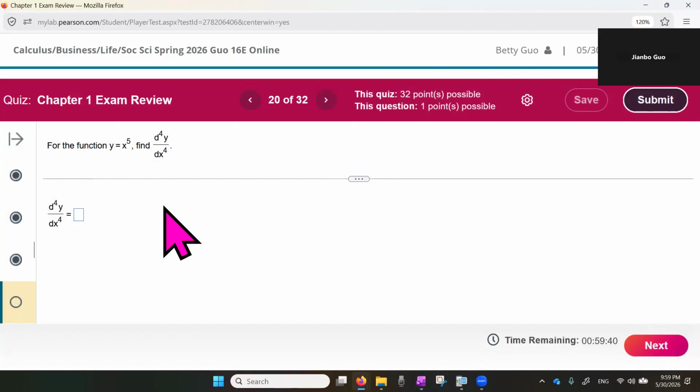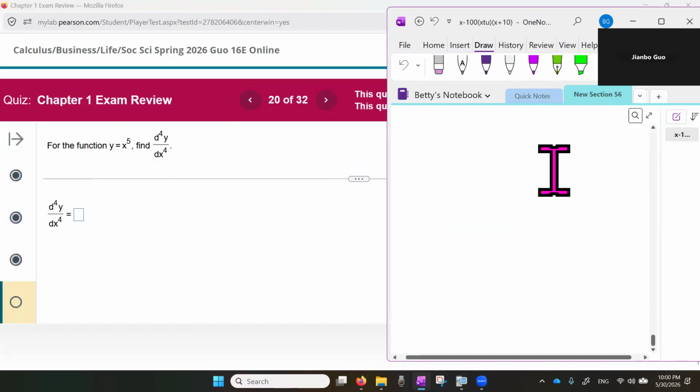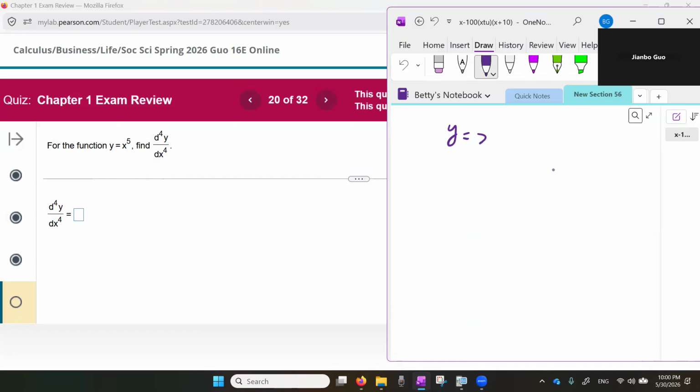Question number 20. Higher derivatives, okay? This is a very simple power function. y equals x to the power 5. y prime is 5x to the power 4. Double prime is 4 times 5x cubed, that is 20x cubed.